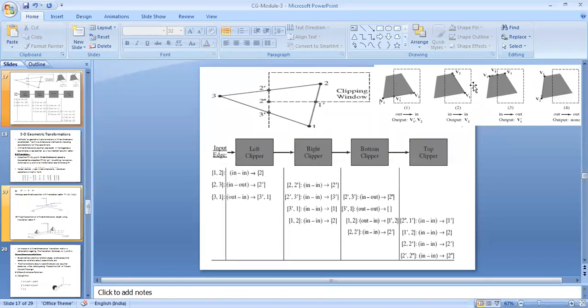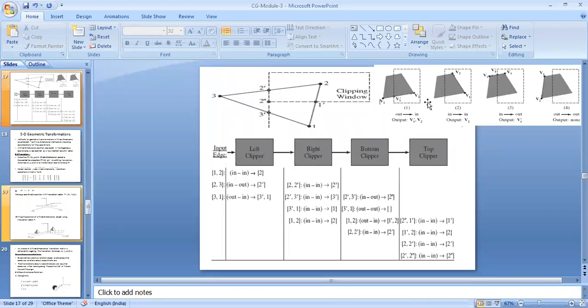Now come to the fourth scenario. In my fourth scenario, both V1 and V2 are outside only. When I'm moving from out to out, then you don't consider any points. The output is that I will not consider any points.